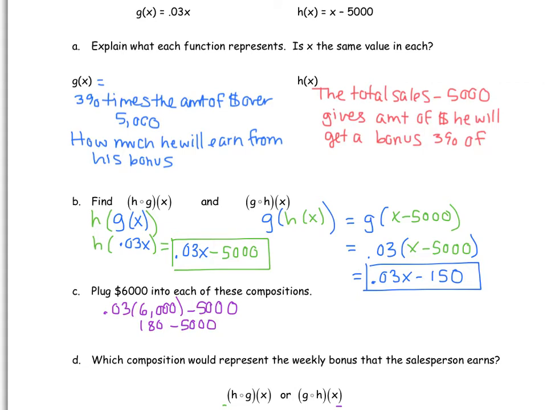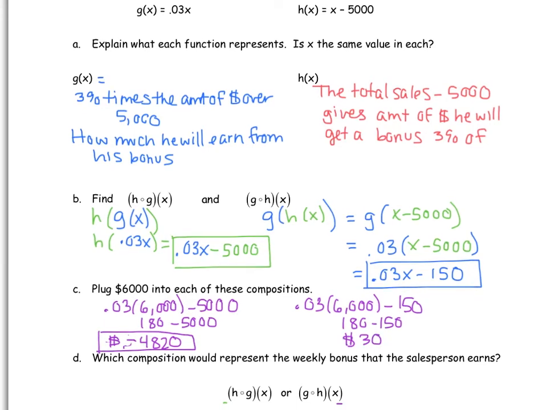So we get negative $4,820. If we plug 6,000 into the second one, 0.03 times 6,000 minus 150, we get 180 minus 150, which is $30.